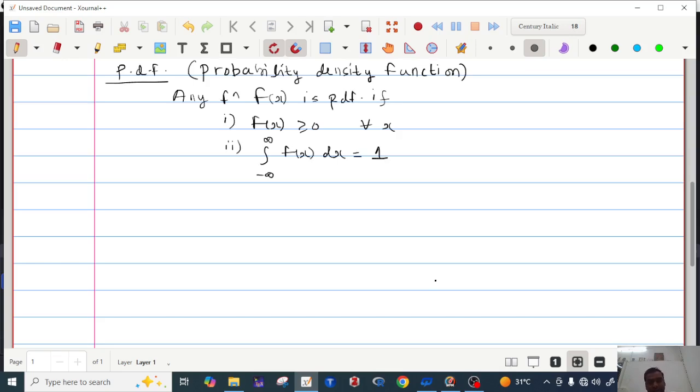Second, if we take the integration over the entire range from minus infinity to infinity, the integral of f(x) dx should be 1. So this is the definition.